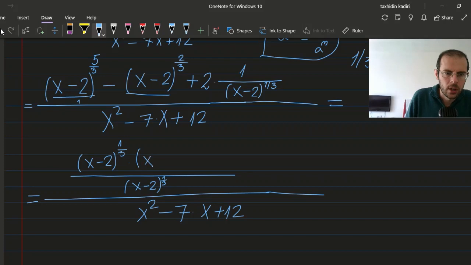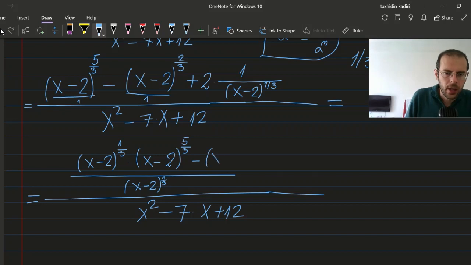Now this is multiplying by (x minus 2) to the power 5/3 minus, here in the denominator is 1. 1 over this expression is all this expression.